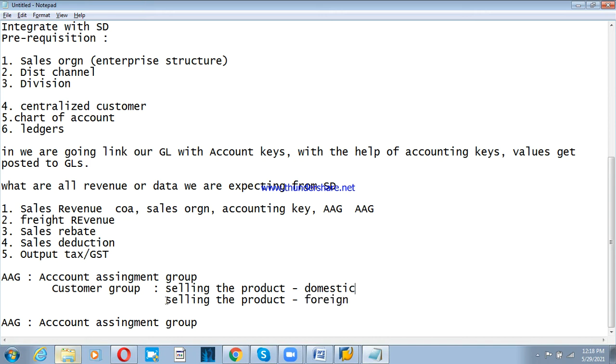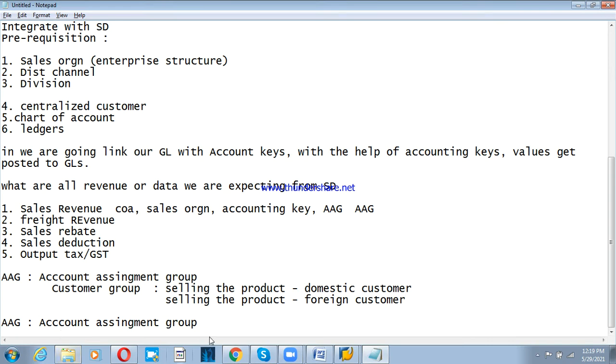We need to bifurcate this. We are selling to my local customer or an outside India customer. That is very important, which is the reason we need to assign this group. So, selling the product to whom?